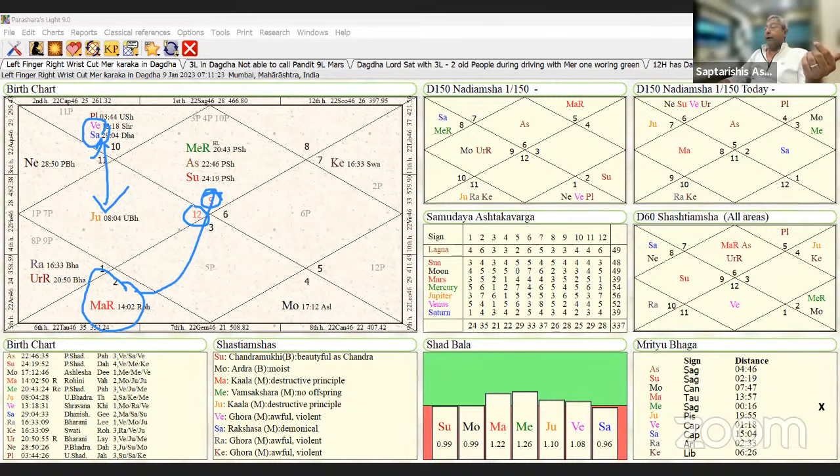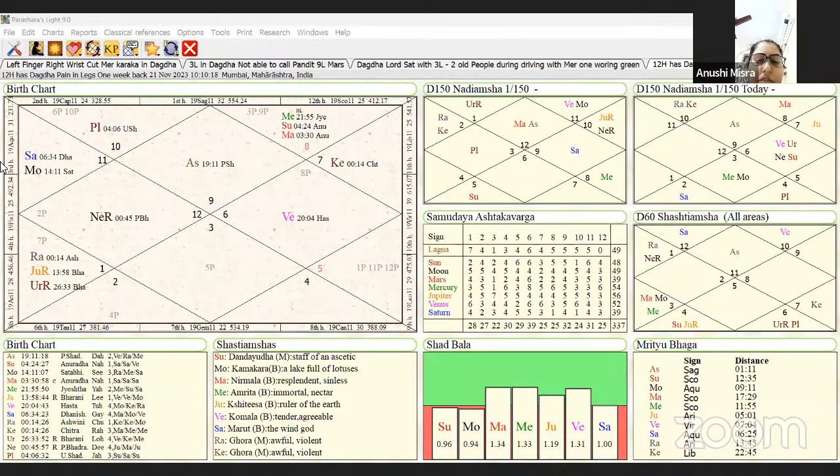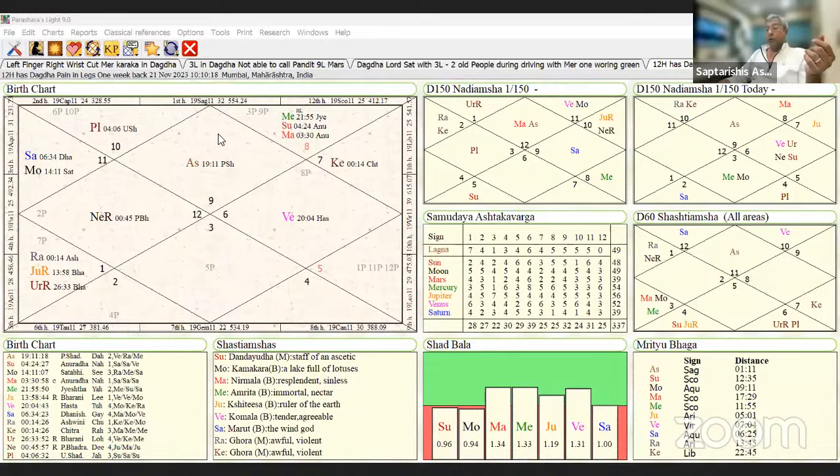Okay. Now let's take this one. Which is the Dagdha Rashi? Just Leo one and second, Scorpio. So you have Dagdha Rashi here.